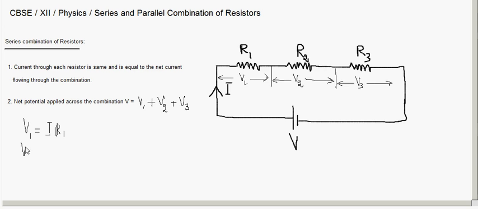Similarly V2 is the voltage drop across R2 and V3 is I into R3. These are all from Ohm's law.